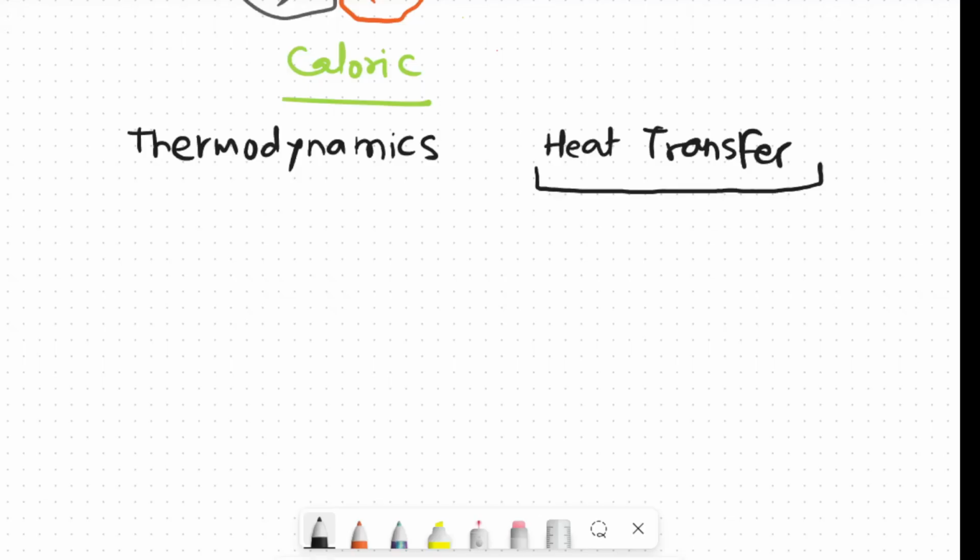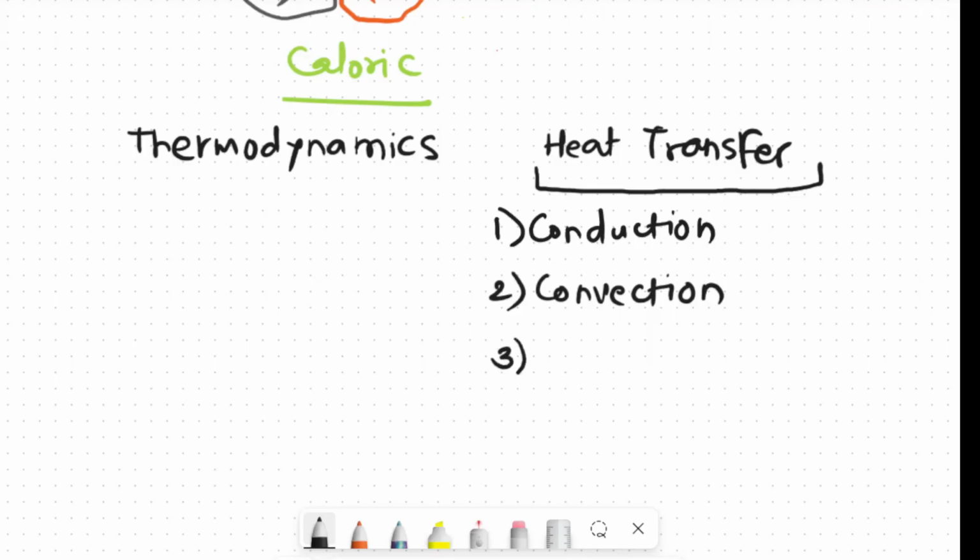There are three basic modes of heat transfer. First is heat transfer by conduction. Second is heat transfer by convection. And third is heat transfer by radiation.